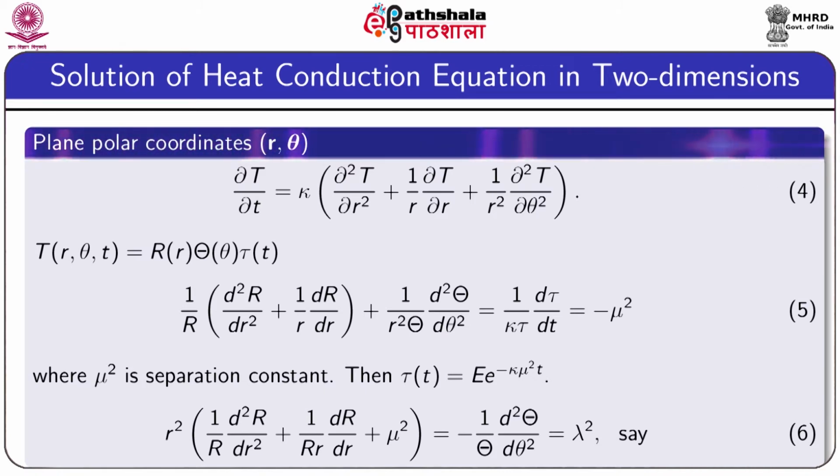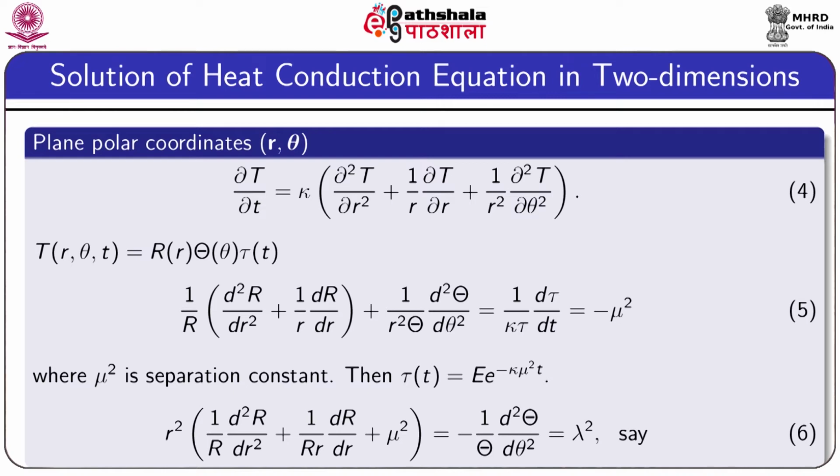For that, we again write capital T as a product of three functions, capital R, capital theta and tau, where capital R, capital theta and tau are functions of small r, small theta and t respectively. Now, substituting capital T in equation number 4, we obtain an equation which is written in equation number 5.